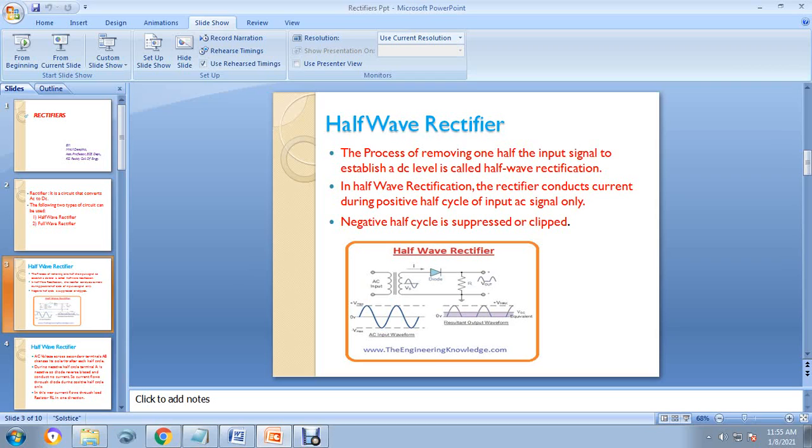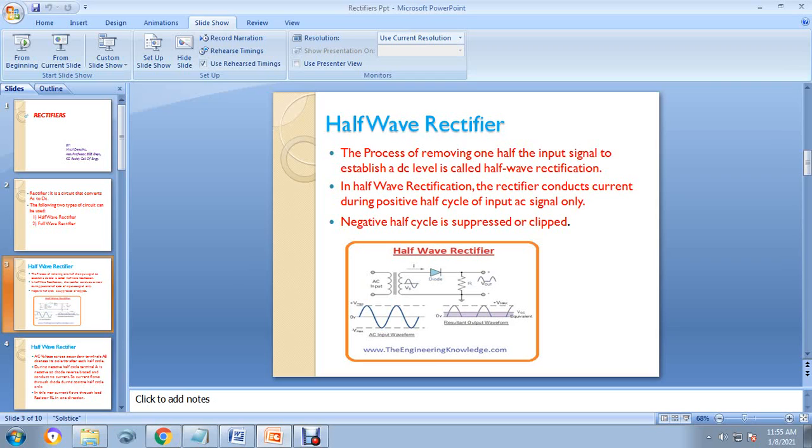Next, I need to apply one more negative half cycle. When the negative half cycle is applied to the primary of the transformer, terminal A becomes negative and terminal B becomes positive.